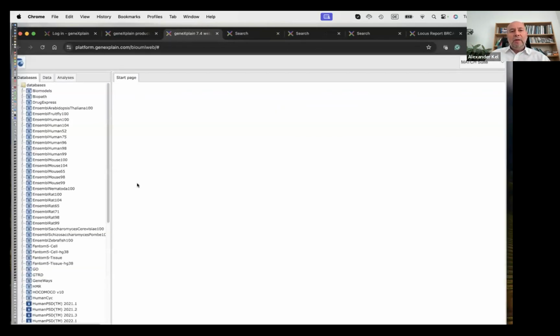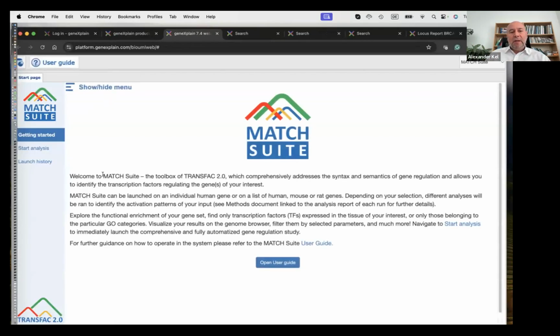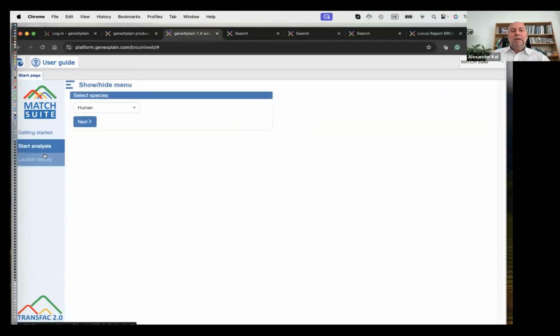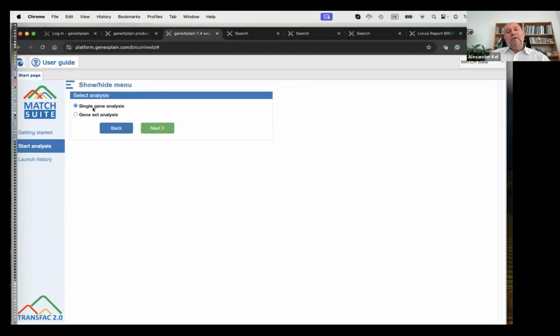And then if you click on that tool, it has a very simple interface. You have a user guide on how to do it. Then you click on Start Analysis. And in case you are analyzing human data, you have these two tools. One tool is for single gene analysis, and another for analysis of a gene set.